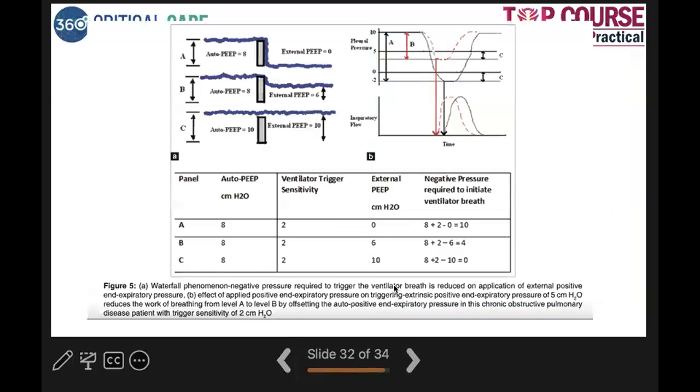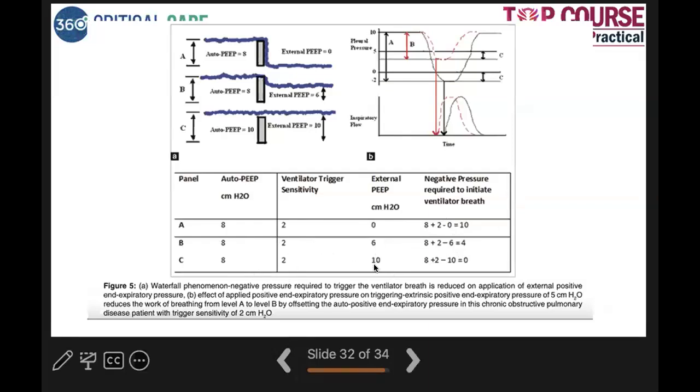If you see this table, I hope you will understand even better. The auto PEEP is approximately 8, and you are keeping the external PEEP at 0. You also always set a ventilator trigger sensitivity, and you have to include that in the picture. So the patient has to overcome a pressure of 10, that is the 8 plus the trigger sensitivity of 2, to initiate the next breath. Now, when you keep the external PEEP at 6, the patient has to overcome a pressure of only 4 to initiate the next breath.